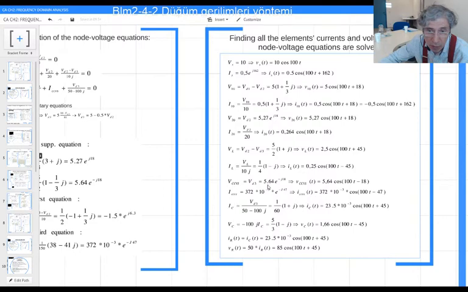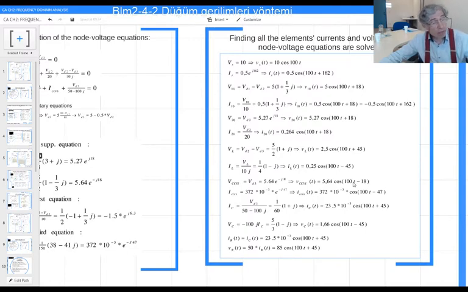So 5.64 here, 5.64 here. Cos 100t is the same as the independent source. We said we are trying to find a particular solution in the frequency domain. The particular solution is in the form of the independent source, a sinusoidal function, a cosine function.